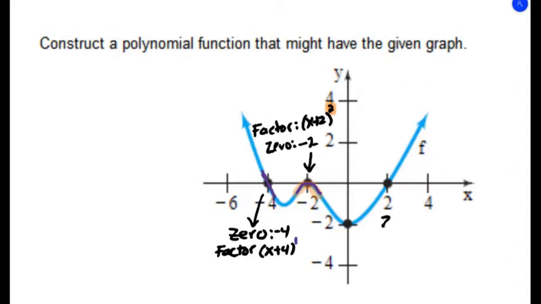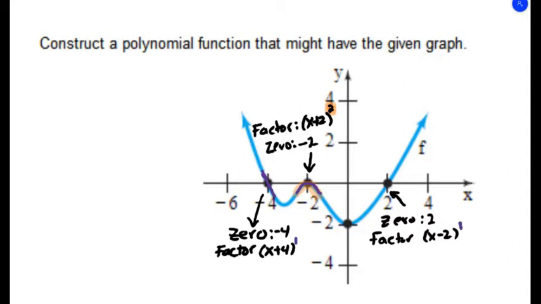We have a 0 of 2, and our graph crosses at that point, so we're going to have an odd factor of x minus 2. So we'll keep that to the first power because the multiplicity will be odd for that 0.